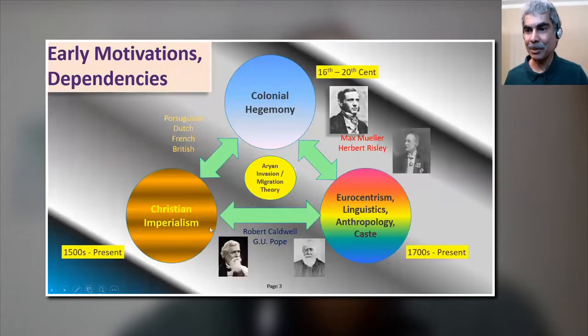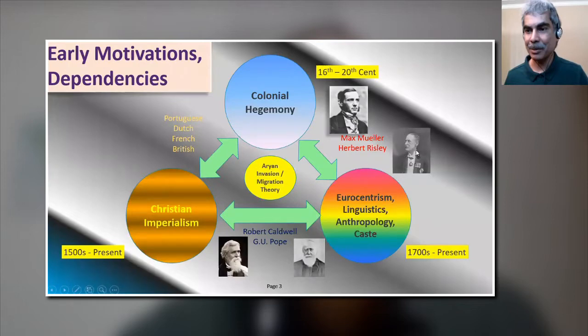I put a couple of them over here, Robert Caldwell, G. U. Pope, and many others. From the 1500s, the Portuguese ventures all the way to present times, we see the impact of Christian imperialism on India. And these people, along with colonials, the Christian imperialists, and so on, gave way to the Eurocentric linguistics too, when Max Muller found the commonality, like I said, Sanskrit, Latin, and Greek.